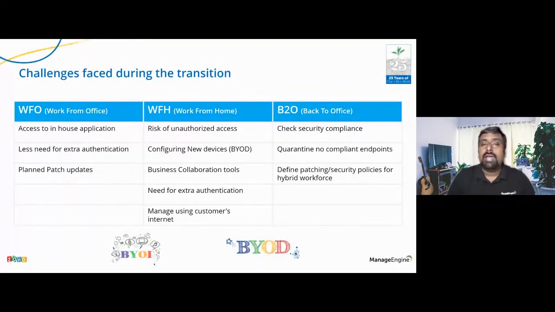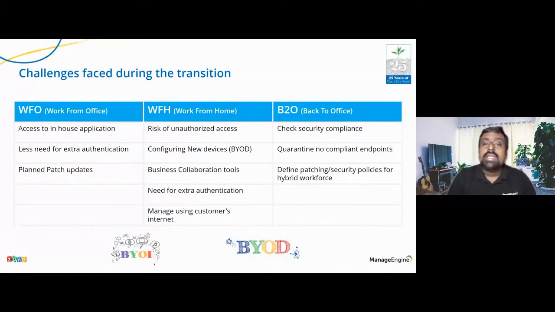You could have a delayed patching method, or not adopt a more secure technology, because of the cost and the business model that you have. But work from anywhere culture demands you to upgrade and update to the latest, and keep your machines patched. And not only that, you have to follow various security hygiene. That's one of the challenges in terms of application.